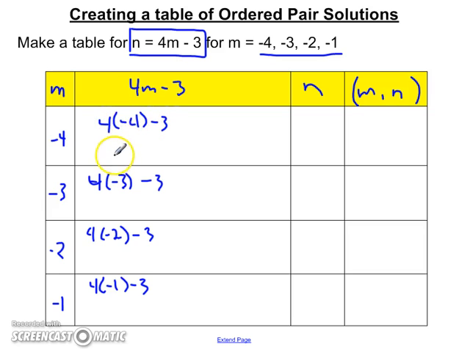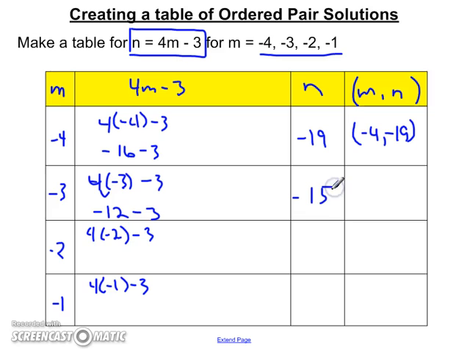So 4 times -4 is -16. -16 minus 3 is -19. And if you want, even right now, I'll put my ordered pair together: (-4, -19). In this case, we had -3 in here, so 4 times -3 is -12. -12 minus 3 is -15.